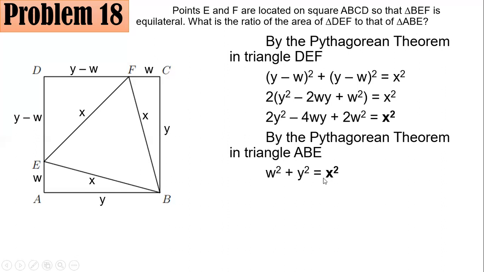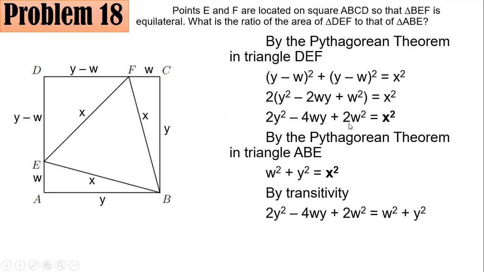So by the transitive property of equality, if A is equal to B and B is equal to C, we could say that A is equal to C. Hence, by transitivity, we could say that 2y squared minus 4wy plus 2w squared is equal to w squared plus y squared.